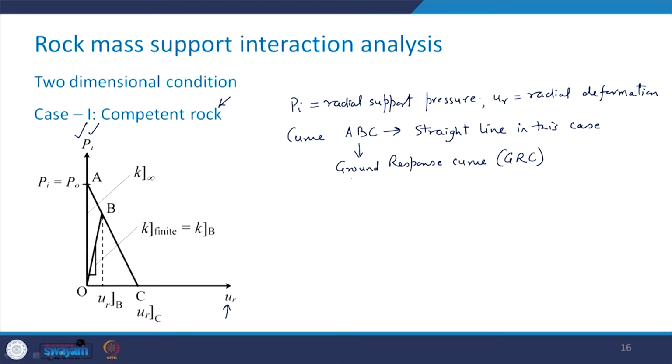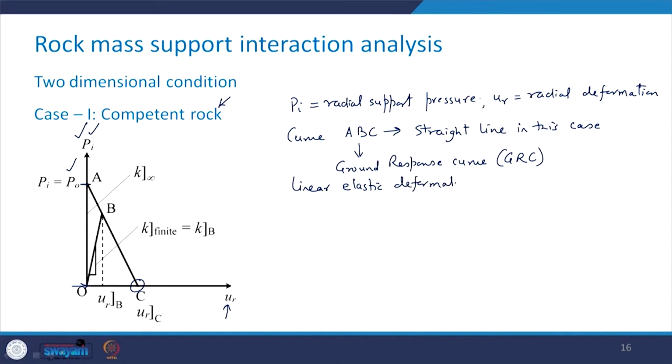You can see that in the beginning you have the pressure which is equal to P naught, and then as the deformation is increased, this is coming to this value of 0 pressure here. So here you have the linear elastic deformation.